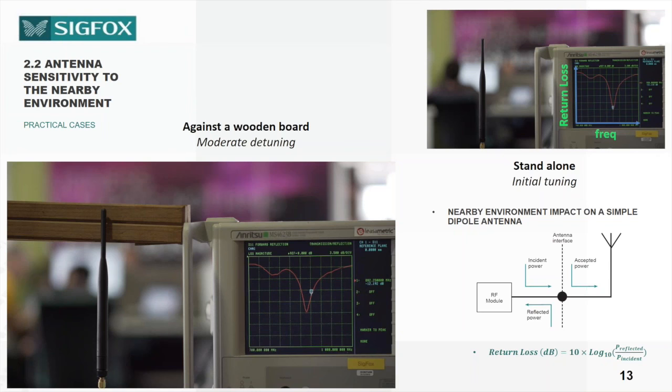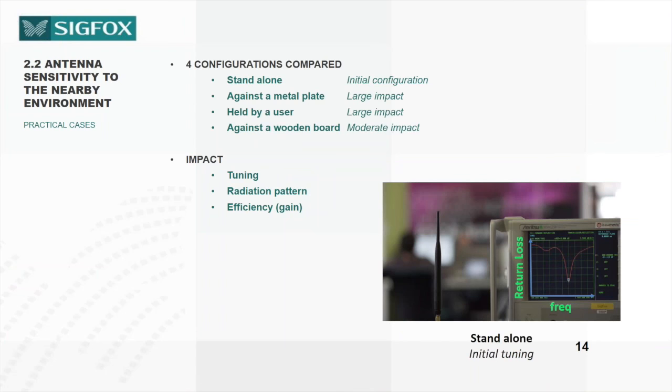Okay, so these three examples were to show you how sensitive an antenna is to its nearby environment. You could see that a metal plate or a user's hand will have a large impact, and even a wooden board will have some impact. What we have seen is the impact mainly on the tuning of the antenna, so on its central frequency.